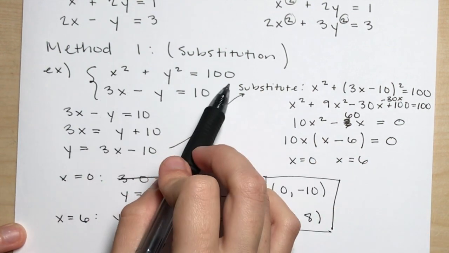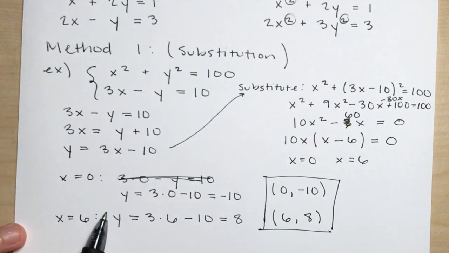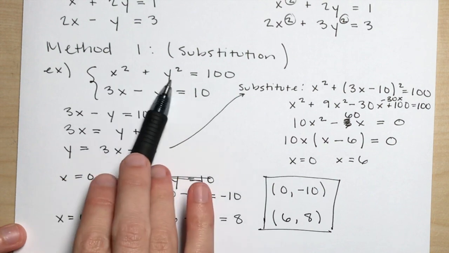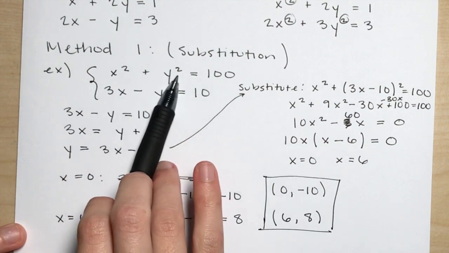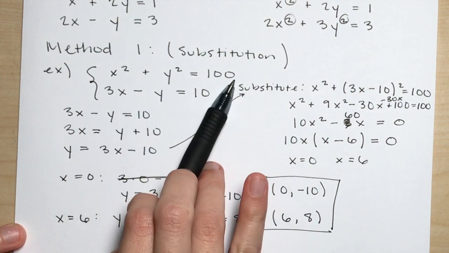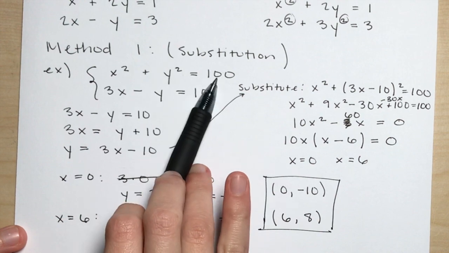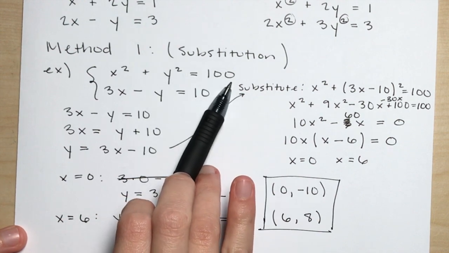Again, if I'd plugged it into this equation that has x squared and y squared, so let's say I plugged in 0, I would have 0 for x, so 0 squared, plus y squared, so just y squared on this side is all that's left over. I'd have y squared equals 100. And what that would give me is y would be equal to positive or negative 10, right?